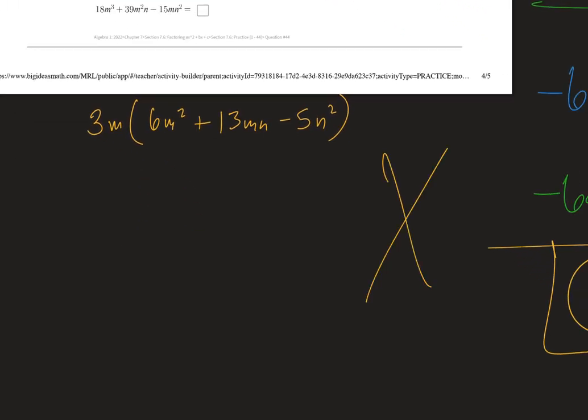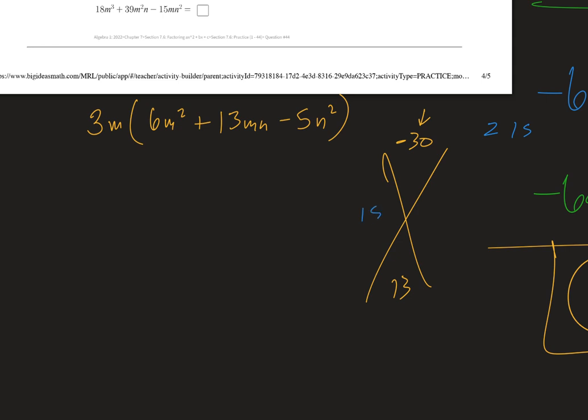So 6 and negative 5 is negative 30. We want 13. This is going to be positive 10. And, see, this is another one. If I do positive 10 and positive 3, that's not going to give me negative 30. So, psych, not those. Let's do some math. So, 2 and 15. Aha, got it right away.